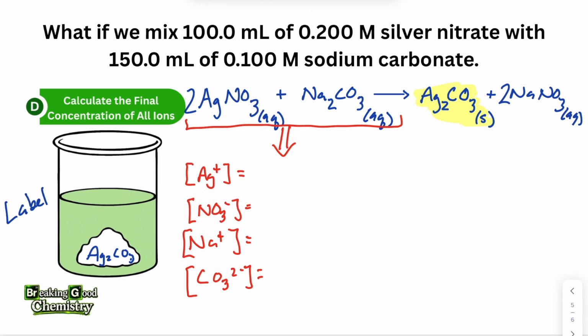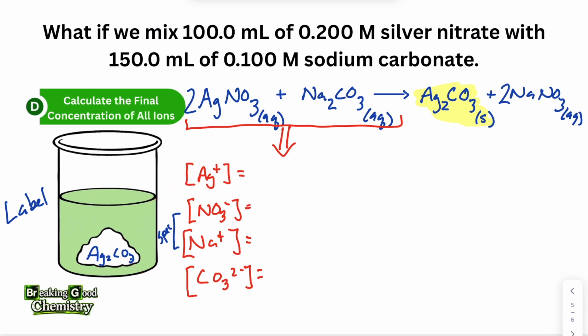Now let me make life easier for you. These two are spectator ions. Why? Because they are not involved in the precipitate. So these are going to be unchanged. These two are tricky. One of them does not exist at all.